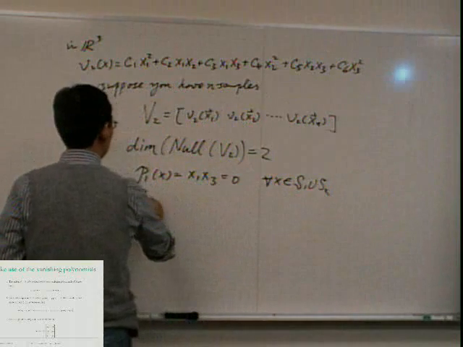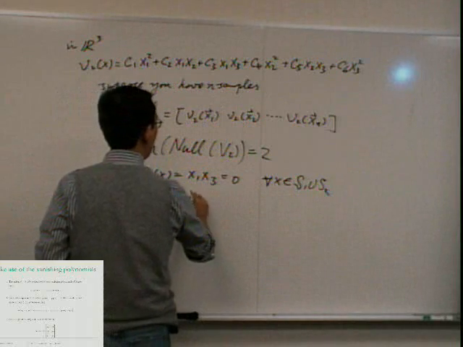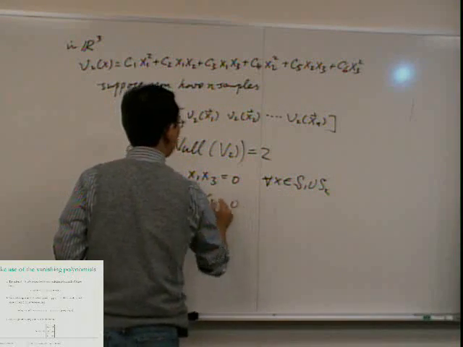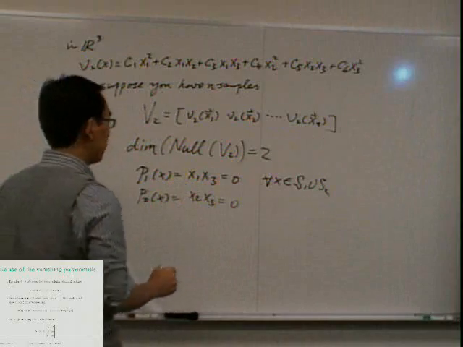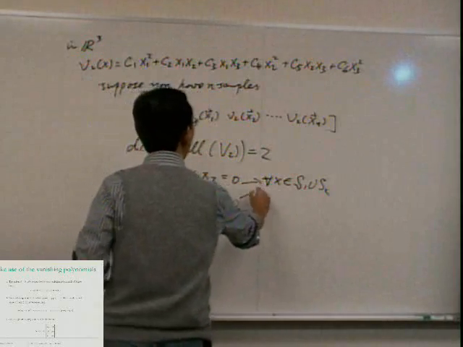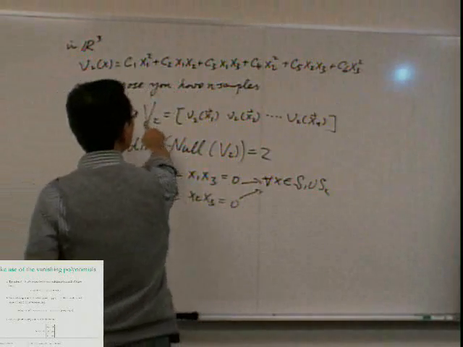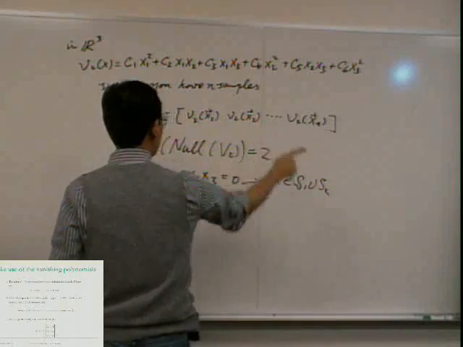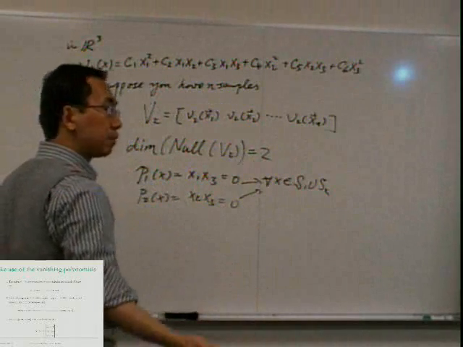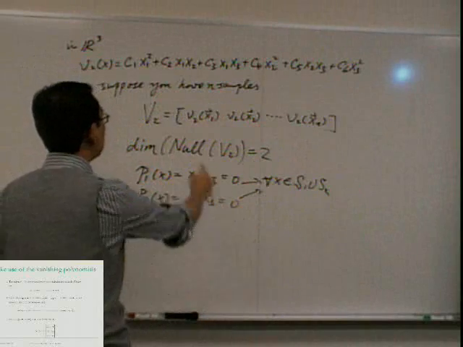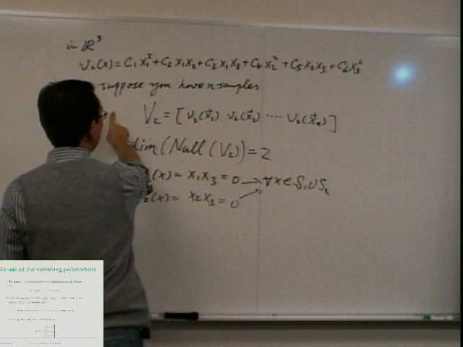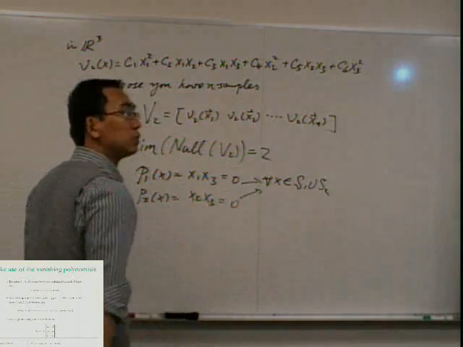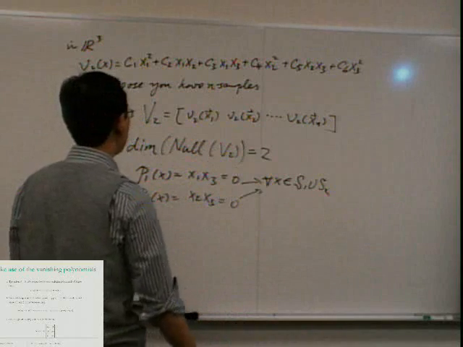And we know that p2 of x equal to x2x3 equal to 0, the same condition. So if you give me this data matrix, I can easily find two basis vectors, such that the vector times this matrix gives you 0, which is the definition of null space.